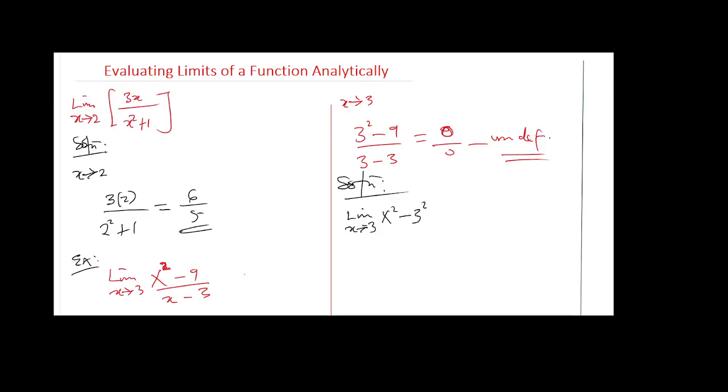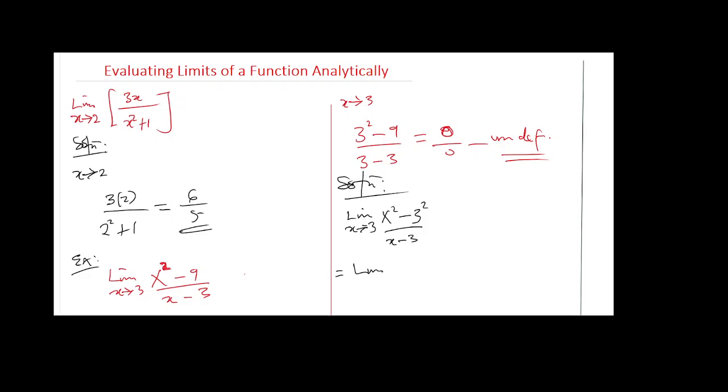That is 3 to the power of 2. That will give us 9 all over x minus 3. So you can see that at the top we are already having difference of squares.